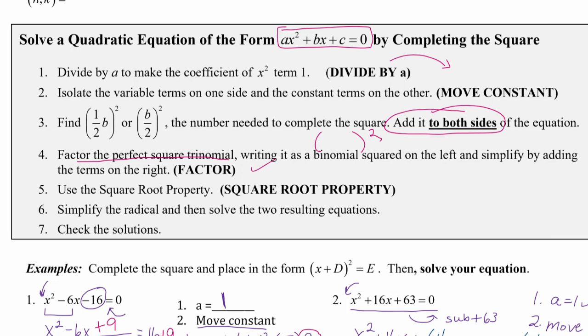Then you're going to use the square root property, remembering the plus or minus. You're going to simplify the radical, like we've done before. And then you're going to solve the two resulting equations. And then it's always a good idea to check your solutions. Use your calculator.